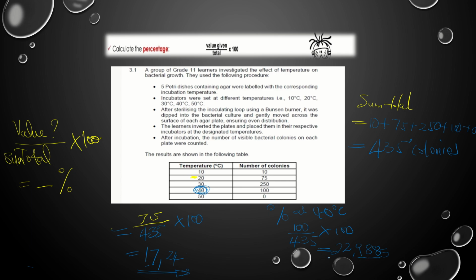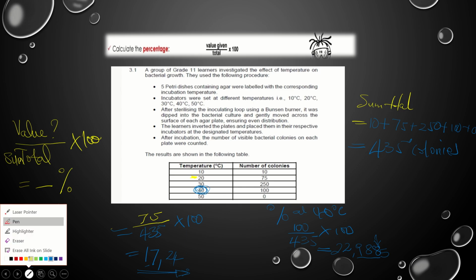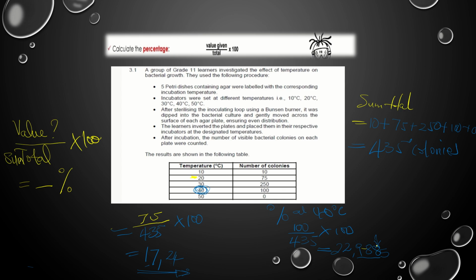The first three values: this 8 here is above 5, so we're going to change this value to 9. So we're going to say 22.99.